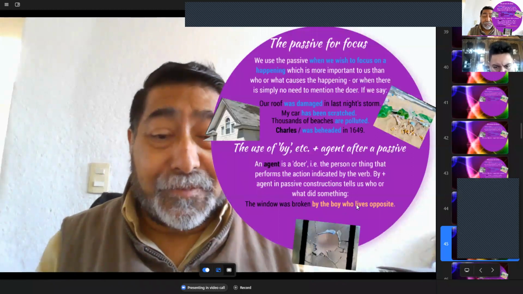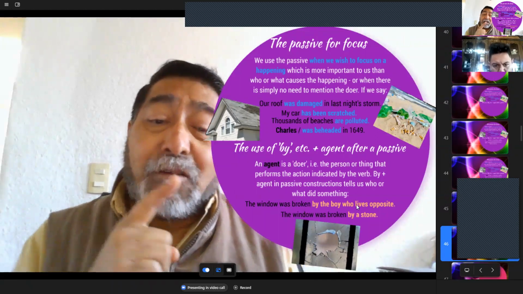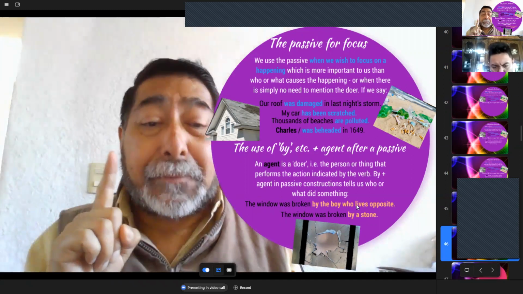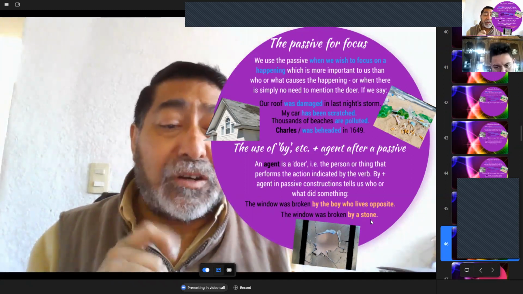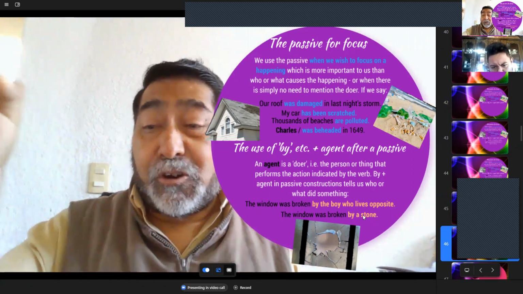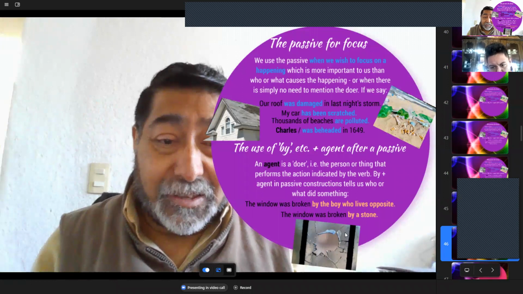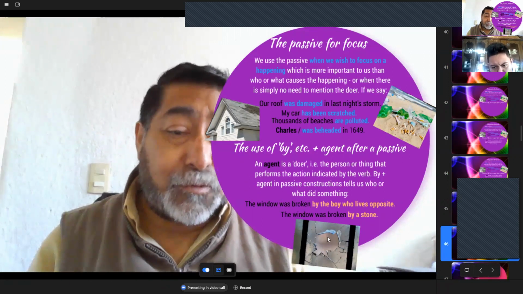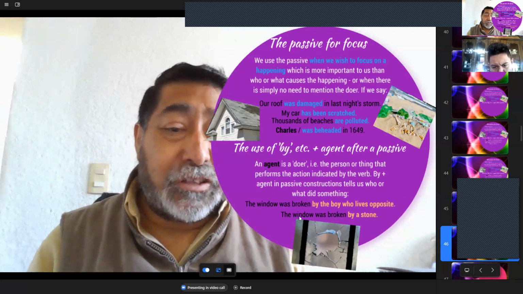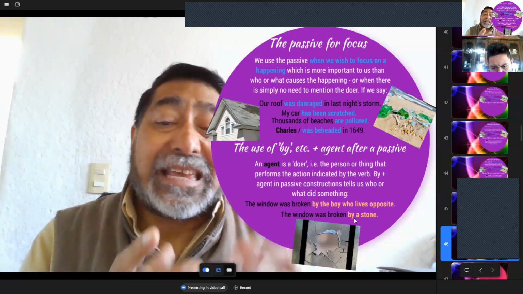So I say, well, the window was broken by a stone. In this case, by a stone: when the boy threw the stone, oops, he broke the window. Piedra. So the window was broken by a stone.